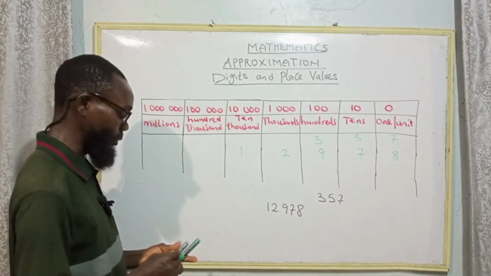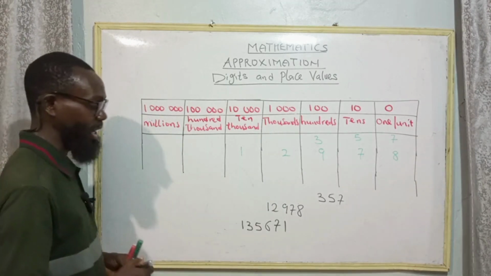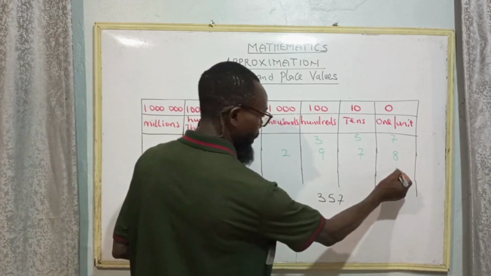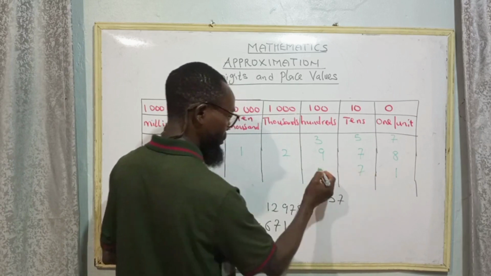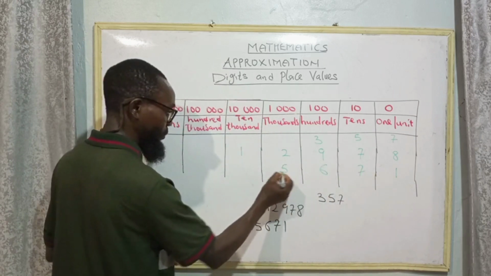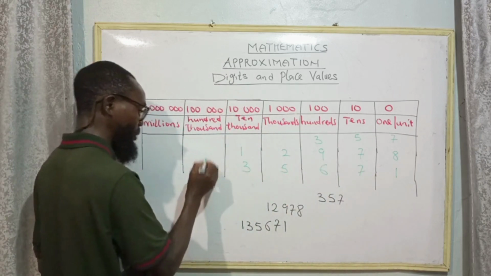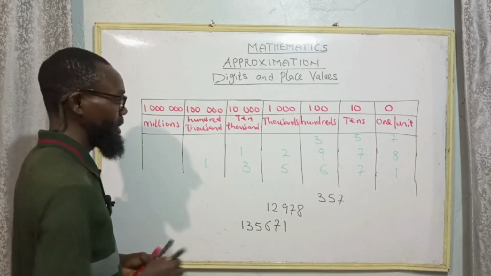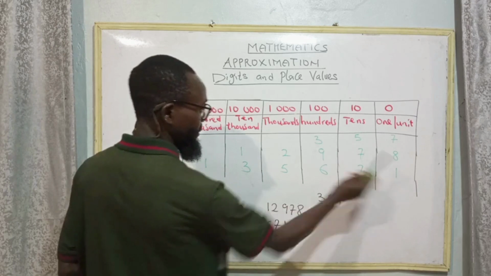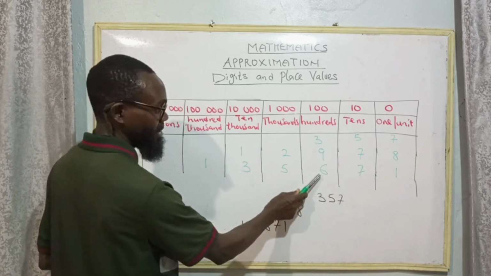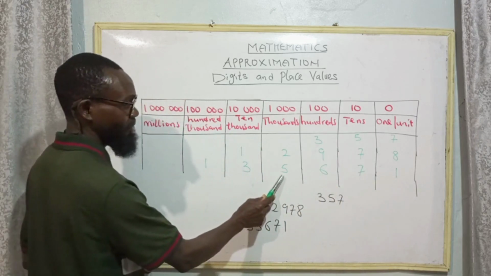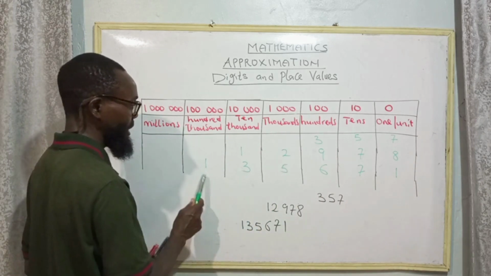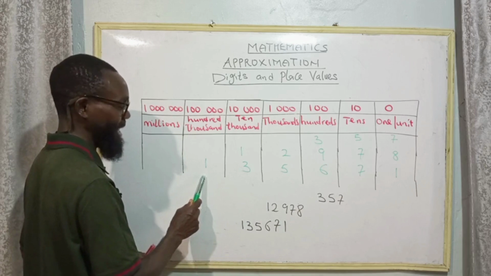Okay, let's try another one also. 135671. So we write 1, 7, 6, 5, 3, 1. So what to determine is the place value of each of them. Now, this one we know is units, 7 tens, 6 is hundred, 5 is thousand, then 3 is 10,000, then 1 is 100,000.